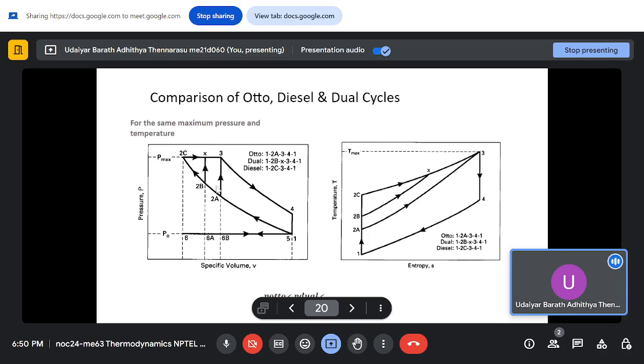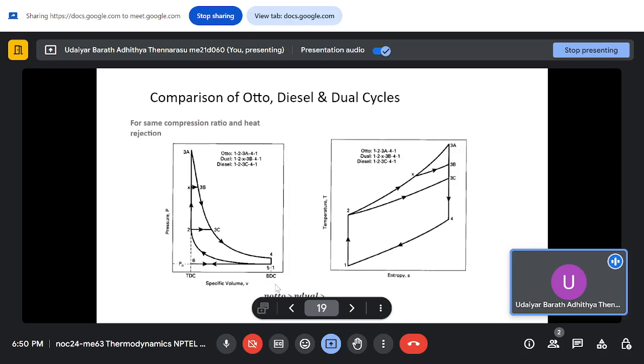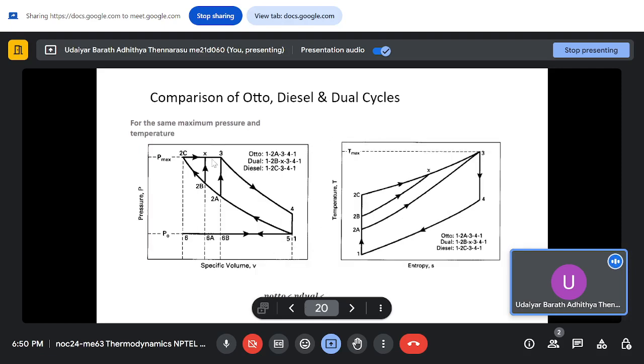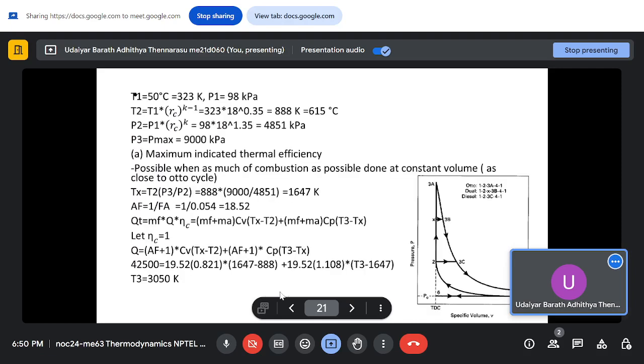So in this case it will be the other way around. Previously Otto was the most efficient, here diesel has the highest efficiency, then comes dual, and then Otto. So for this problem, we are limiting the maximum pressure to 9000 kilopascal, but there is no limitation on your temperature.